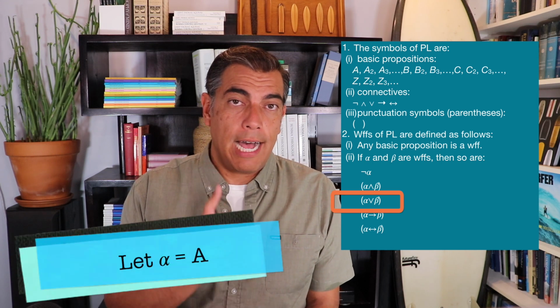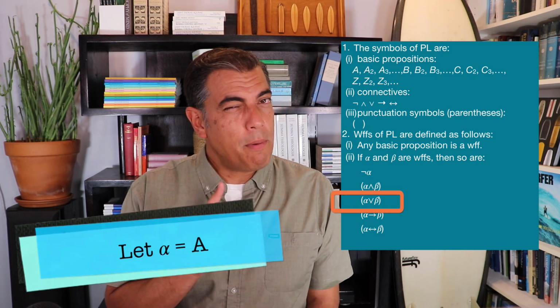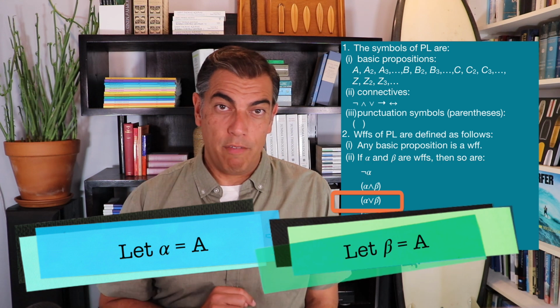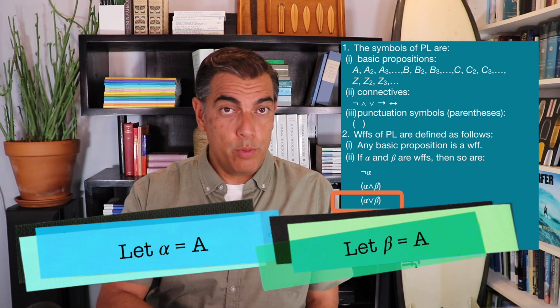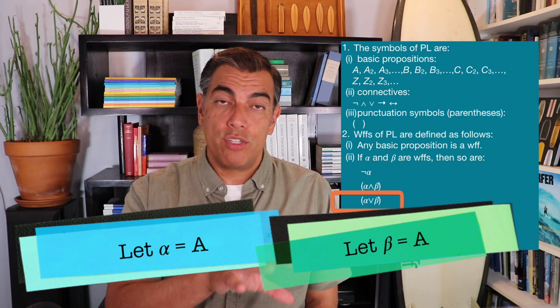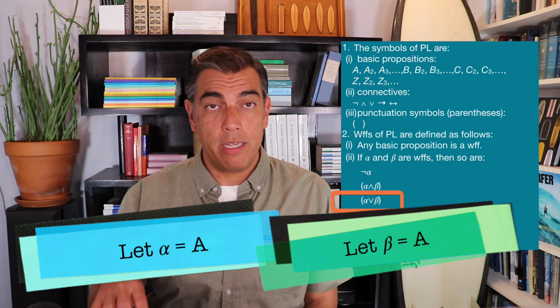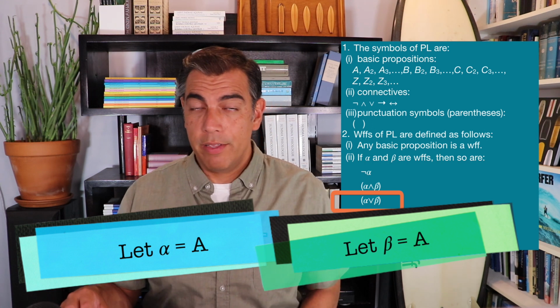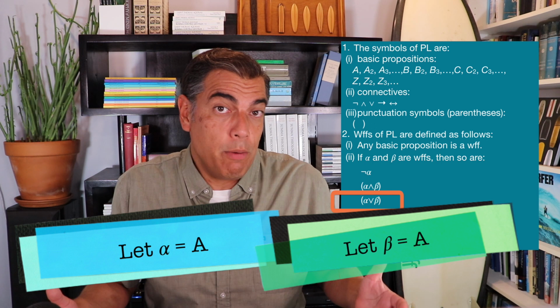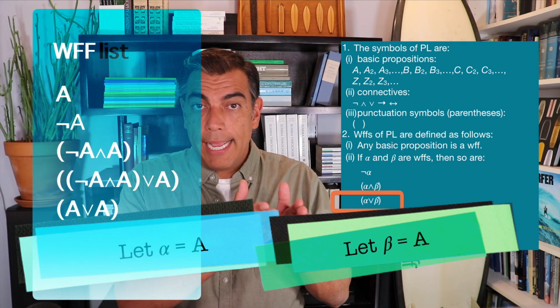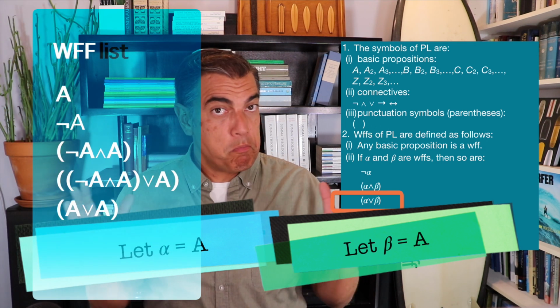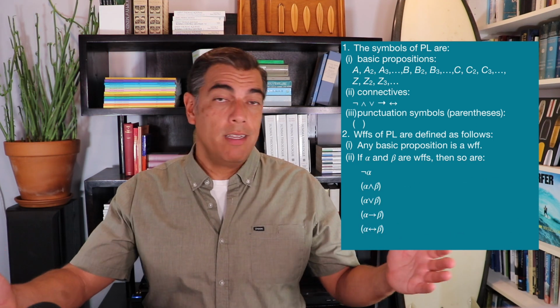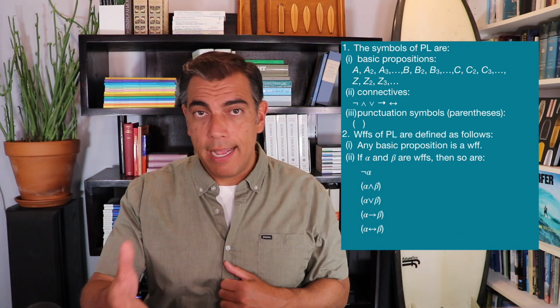I'm going to let alpha stand for A, and I'm also going to let beta stand for A. Notice you can do that. Alpha just stands for some well-formed formula. Beta just stands for some well-formed formula. There's nothing that says that it can't be the same well-formed formula. So I get A or A, another well-formed formula. And of course, the same goes for the if-then and the if and only if.